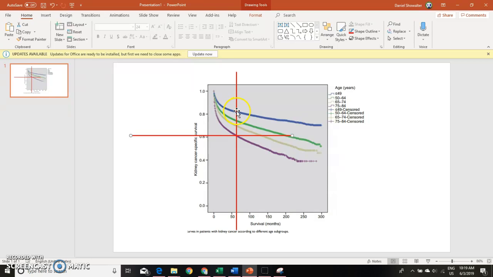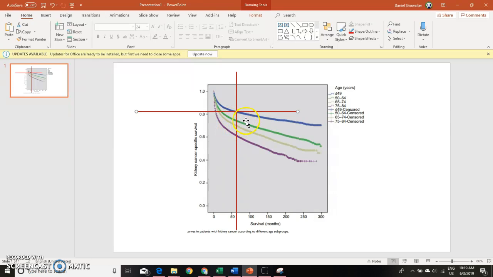We can also notice that this is people under the age of 50, so 49 or less is the blue curve here. And let's move that bar up there. So we can see that the kidney cancer specific survival rate for that younger age group is much more positive, much more optimistic, over 80%, maybe 82, 83% of them have survived 5 years past the point of diagnosis.